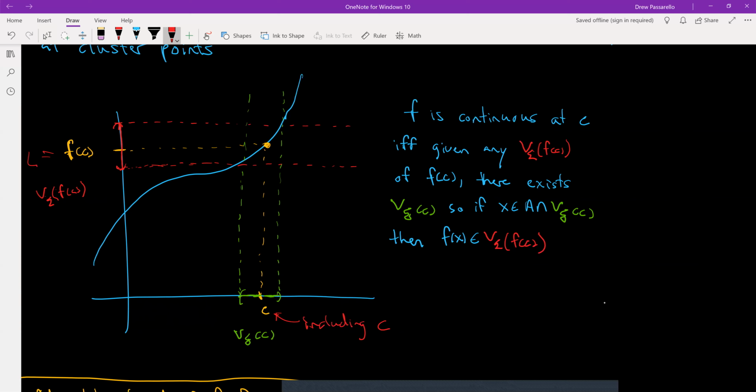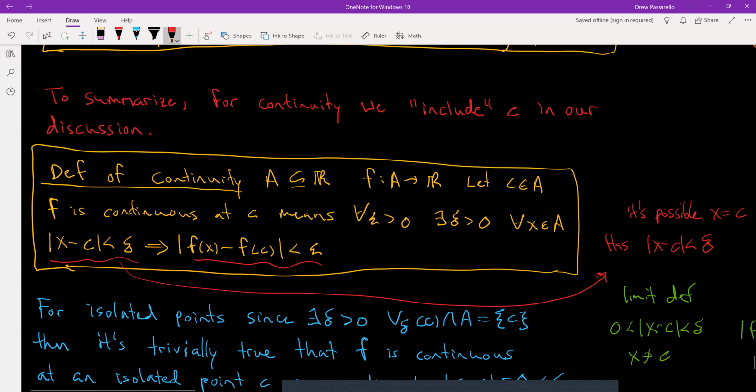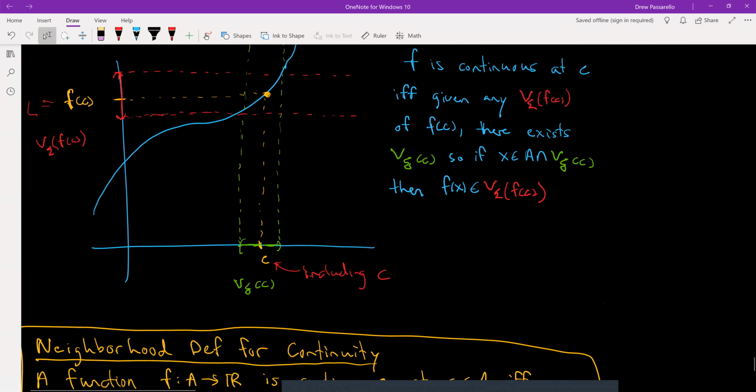Given any epsilon neighborhood, there exists a delta neighborhood around c, so that if x is an element of the intersection of A and the delta neighborhood around c, then f of x is an element of the epsilon neighborhood around f of c. That's equivalent to our definition of continuity, just written in terms of neighborhoods.